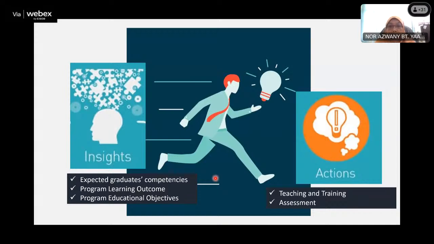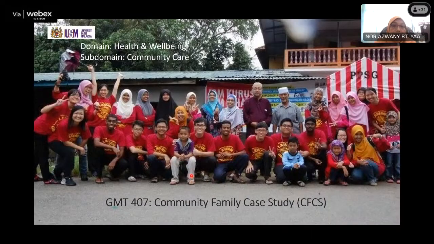So I'll give you two examples, the first being our GMT 407, the Community Family Case Study, or well known as CFCS. This is from the domain health and well-being, for the subdomain community care. And you can see here the happy looking medical students with some children from the community and the community leaders here.